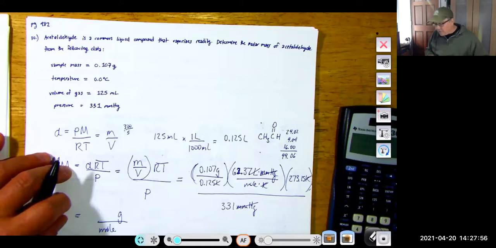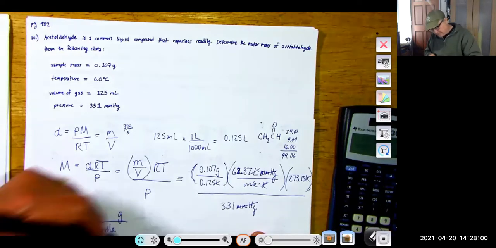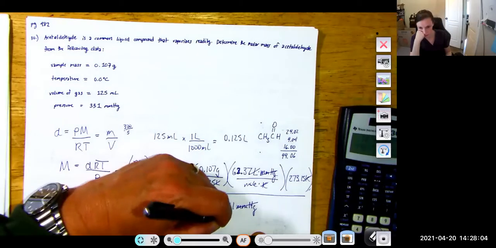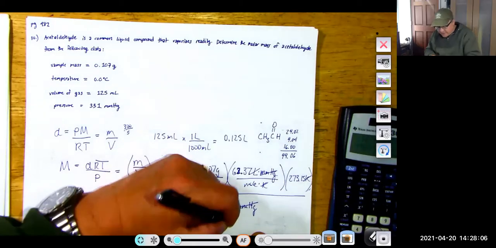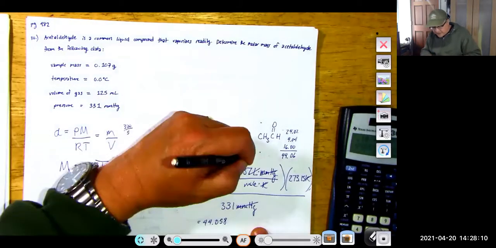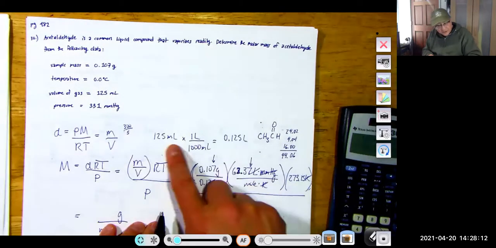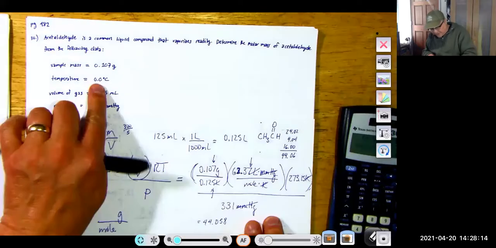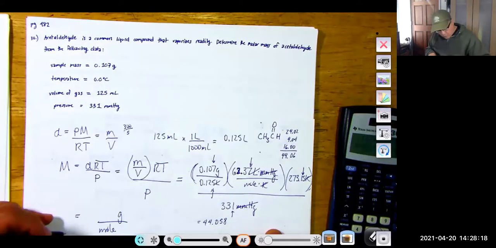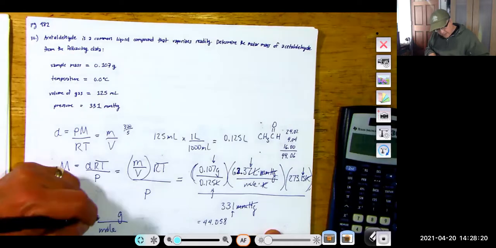So I get 44.057. You get 58 actually. And here we have 3 sig figs, 3 sig figs, 4 sig figs. This one is 0.0, so 4 sig figs and 3 sig figs. So my answer ends up being 44.1 grams per mole.